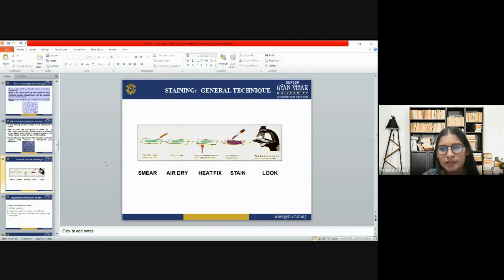And we have to adjust our microscope properly also, so that we can check out all our samples clearly. The microscope should be very clean, and the lenses should be properly used.